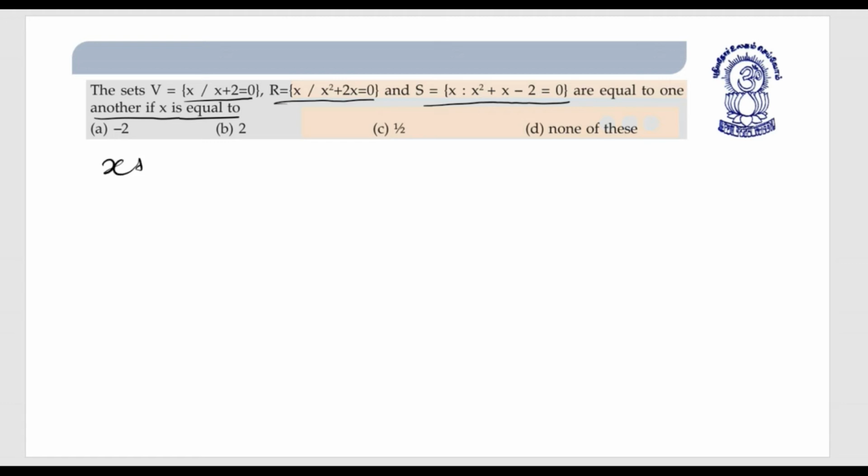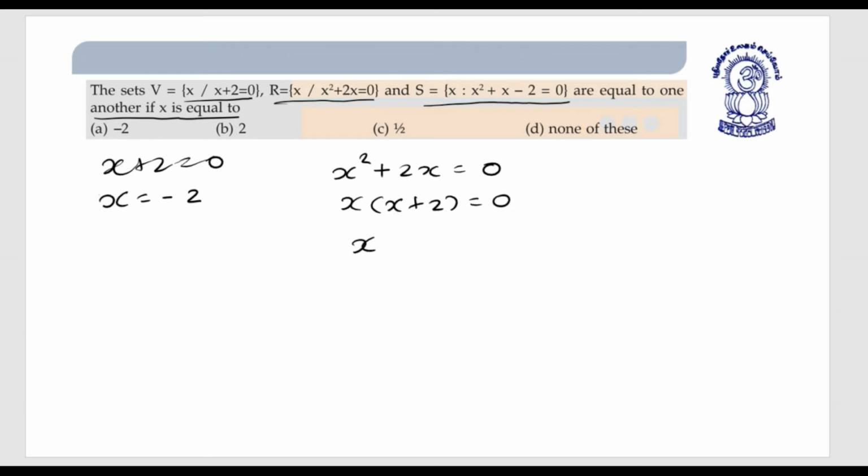Here x + 2 = 0, so x = -2. x square + 2x = 0, x common, x(x + 2) = 0, so x = 0, x = -2.